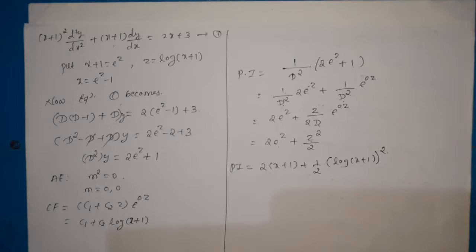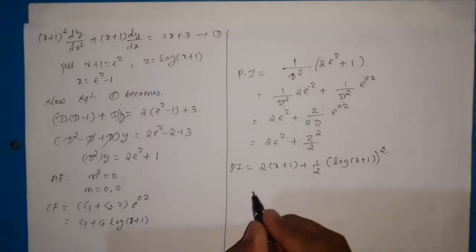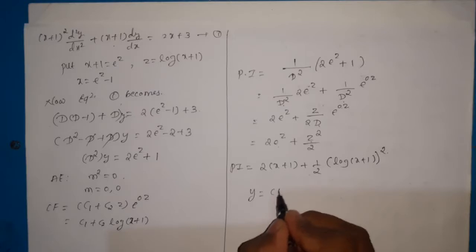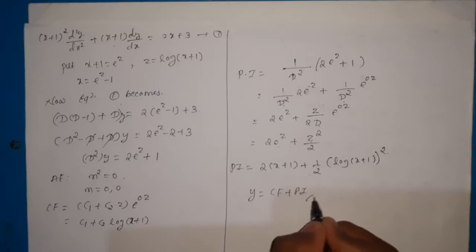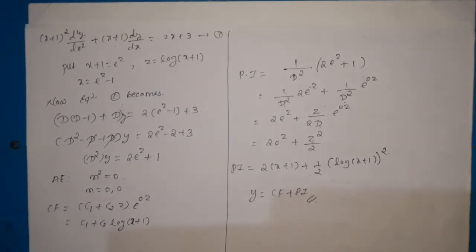So therefore we need to substitute the original variables. The original variables are x and y only. So therefore now we got the answer as y equal to Cf plus Pi, which is the required solution of the given differential equation. So these are some examples on the equations reducible to homogeneous form.